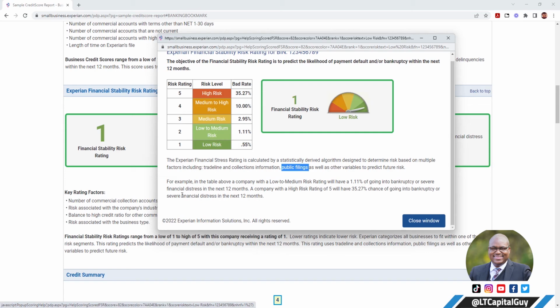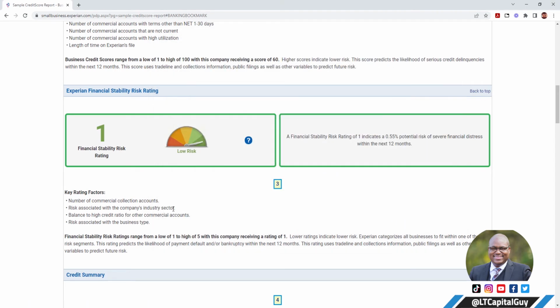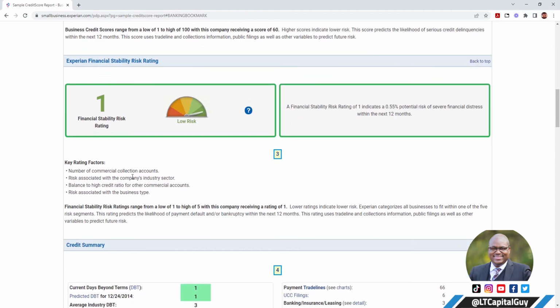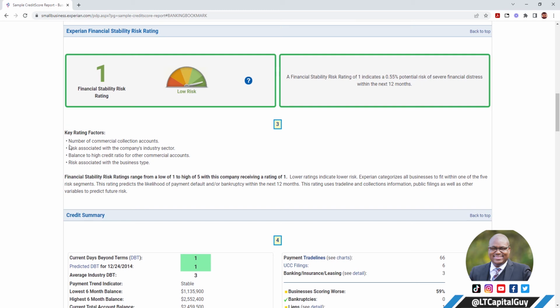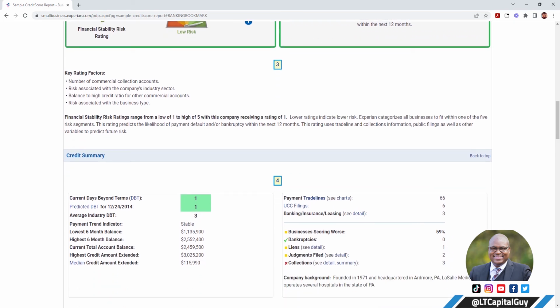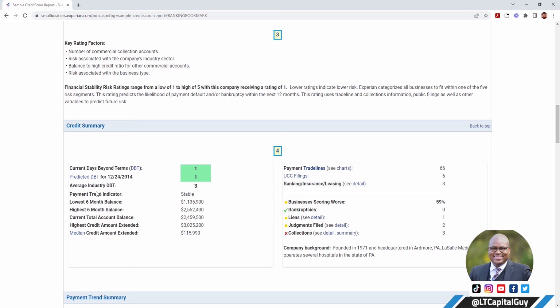So again, it's just another way for Experian to show lenders how well your company looks to do business with, and that's pretty much it. So don't get caught off guard about that. Again, we see the key factors here, and obviously you can read that as well.